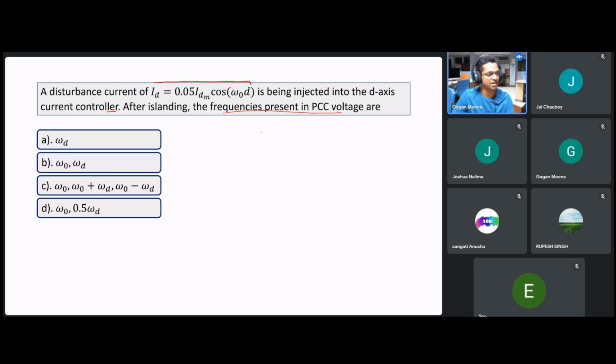After islanding, the frequencies present in the PCC voltage are? This is a signal injection based technique.